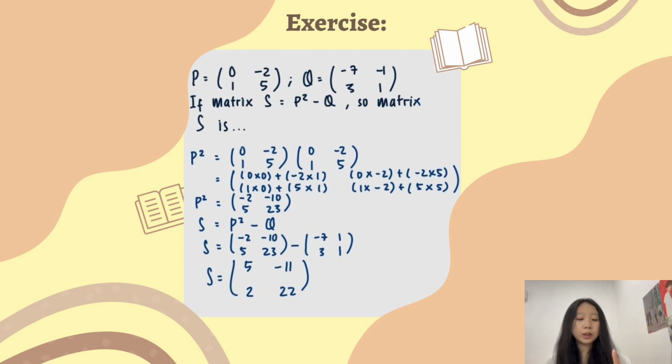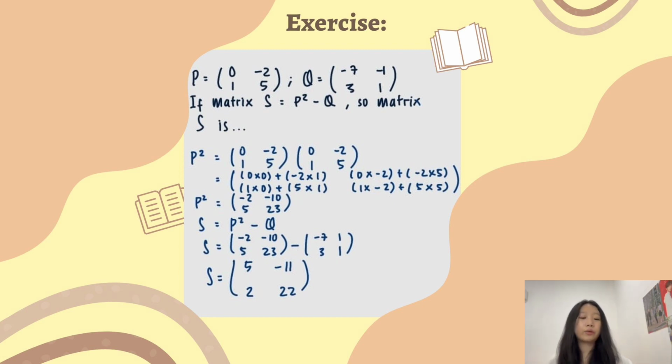And for the last part, we have to solve the matrix of S, which was P power of 2 minus Q, which remains -2, -10, 5, and 23, minus -7, 1, 3, and 1.